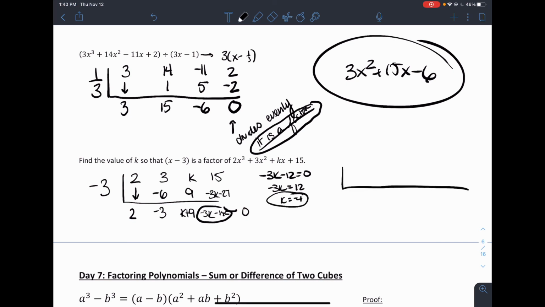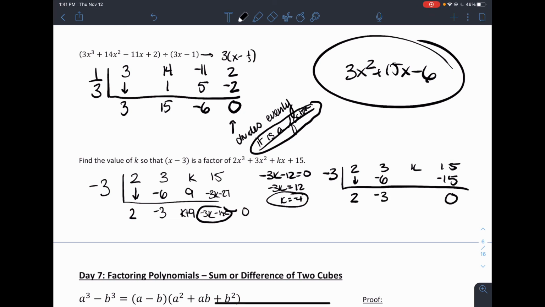Alternatively, you can just puzzle this out. If I have 2, 3, k, 15, drop the 2. We know the last entry has to be 0, so this had to be negative 15. And now you work backwards and forwards until you get to a point where you can just do some logic. Negative 3 times 2 is negative 6. If I add those, I get negative 3.